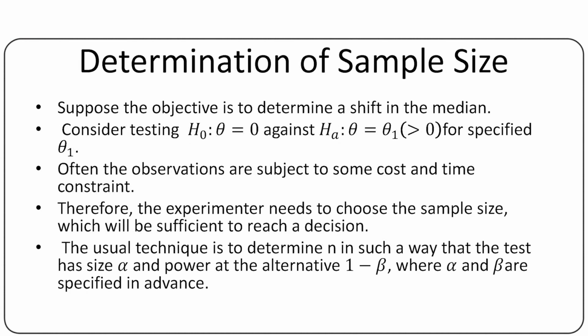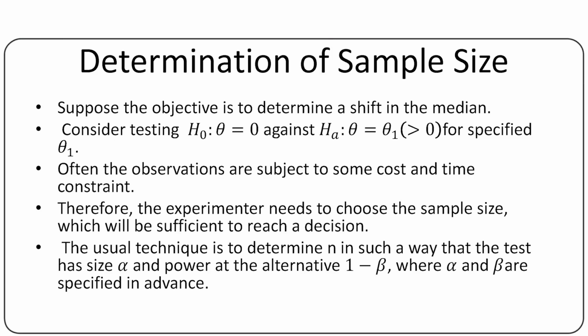Now, we shall discuss something somewhat different. This is called determination of sample size. We shall discuss how sample size is an indicative measure of the sensitivity of the test. Although sample size determination can be related to any testing procedure, we discuss it in the context of the sign test.